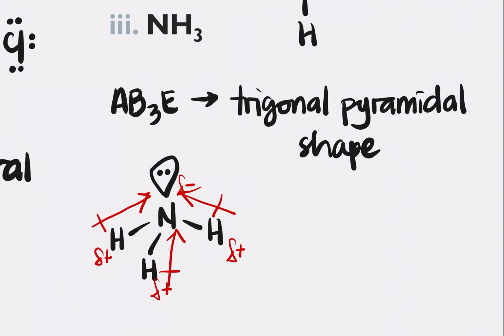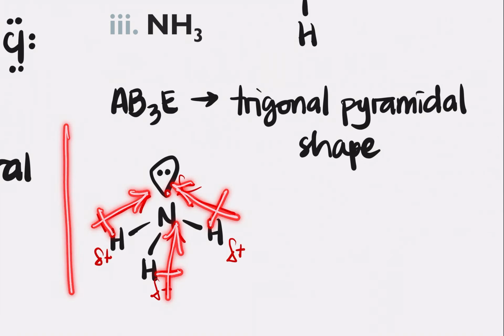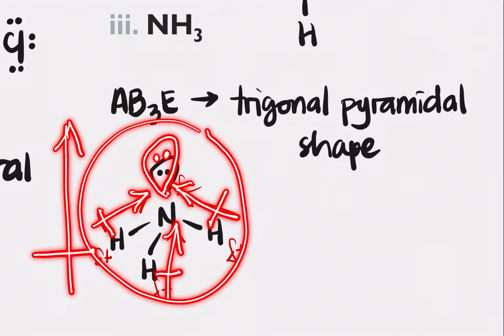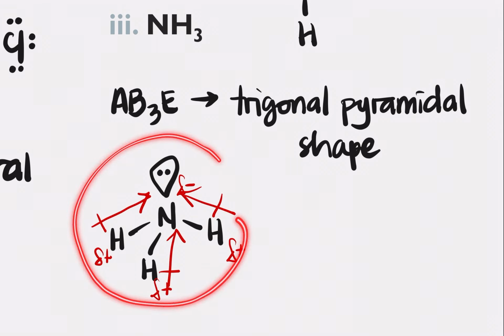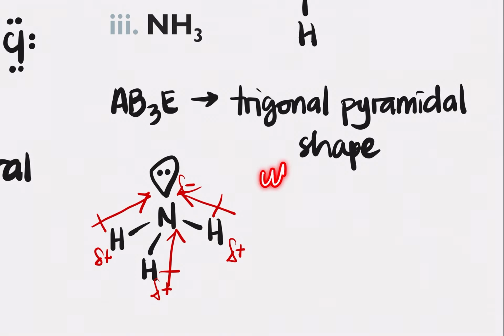Okay, if you look, since your arrows are all pointing towards nitrogen, upwards, your resultant dipole moment will be pointing towards this direction. Betul tak? So because of this lone pair, because of this shape, your NH3 molecule will have a dipole moment.